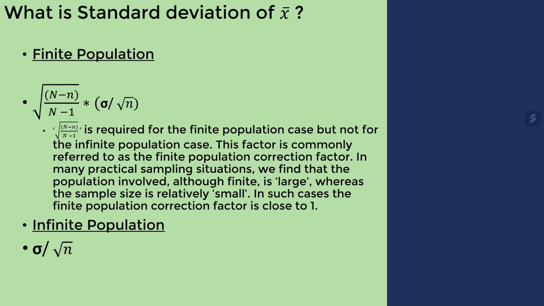Now let us understand what is meant by finite population. The formula for the finite population is: root of population size minus sample size divided by population size minus 1, multiplied by sigma divided by root n.